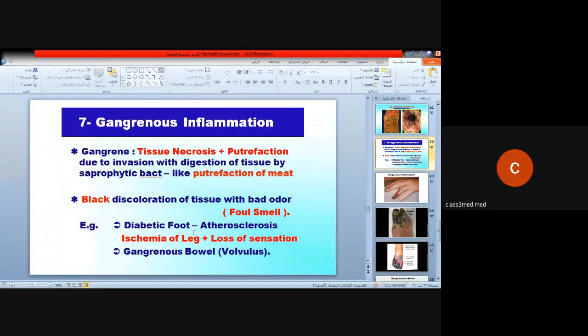So any trauma to the foot or lower leg will lead to tissue necrosis with putrefaction by suppurative bacteria, which are usually present in the soil. Another example of gangrenous inflammation is gangrenous bowel, as occurs in volvulus.